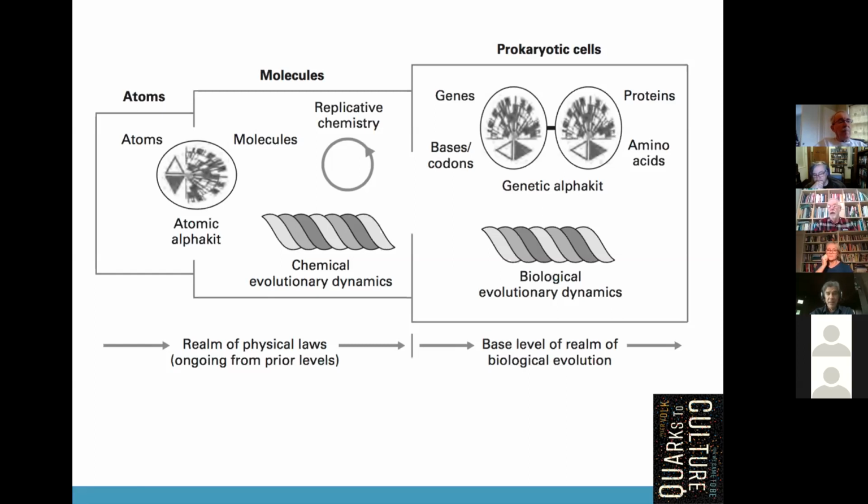And then there's the geometry of those shells. Yes, the geometry of those shells. Okay, I just wanted to clarify, because when you started talking about the twin alpha kit, the genetic alpha kit, you said something about a doubling. Okay, that's good.